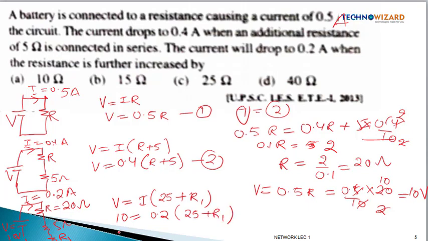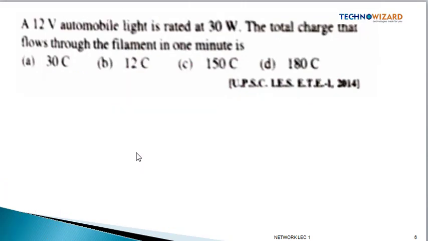So this will be simply 10 divided by 0.2, and so R1 value we are obtaining is 25 ohm. So yeah, for this question 25 ohm is the right answer. So let's see next question.